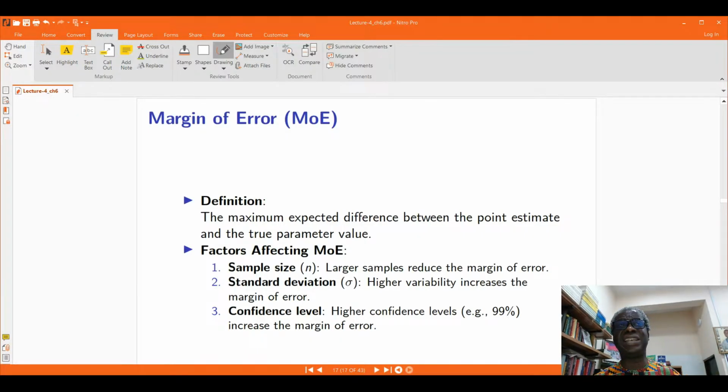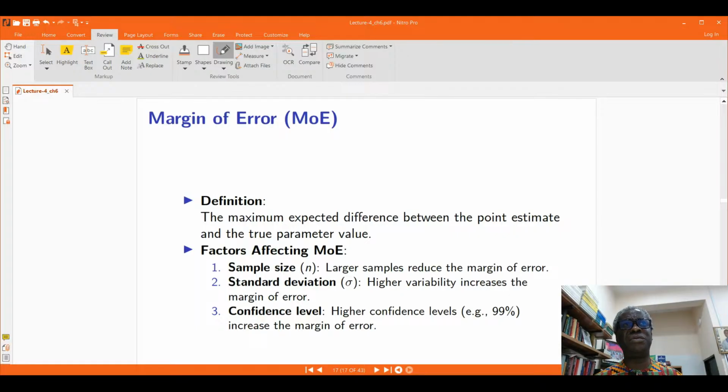So the researcher is the one that will say, okay, I want a 90% confidence level. I want to be 90% confident that the true population quantity that I'm interested in will lie between the range of values that I get.